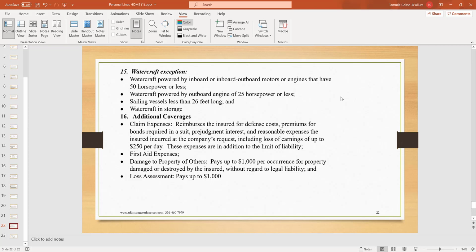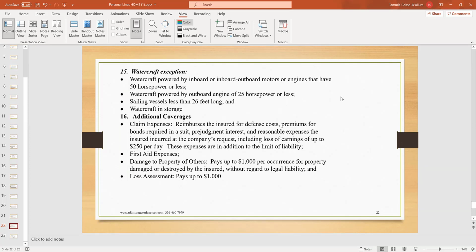So let's say you borrow someone's lawnmower and it gets stolen or gets damaged in a fire. And then just like we had loss assessment on the property side, we have it here on the liability side. It pays up to $1,000 for loss assessment on the liability side.